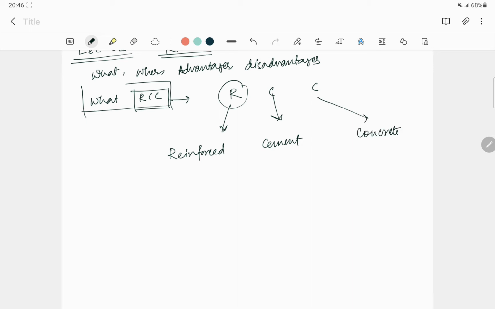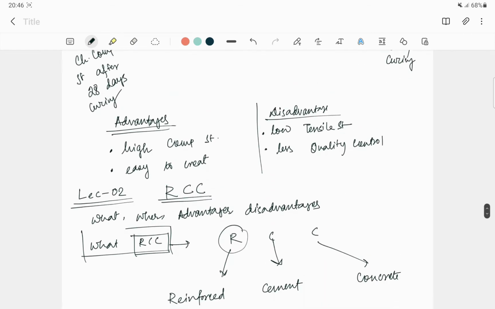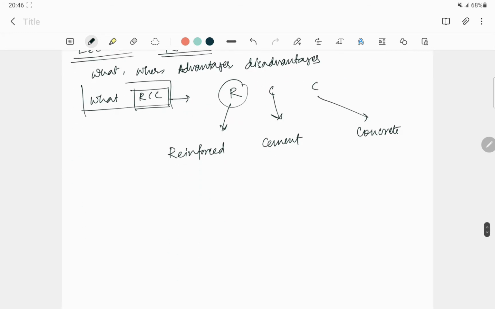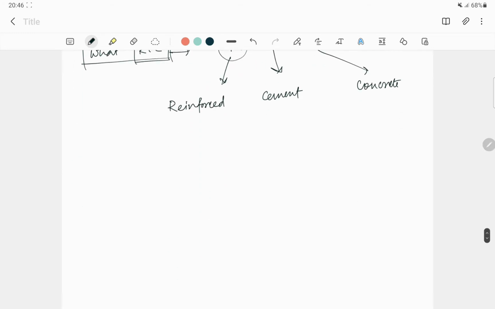In the last video, I mentioned the advantages and disadvantages of PCC. In the disadvantages, I mentioned low tensile strength. Now understand one thing.